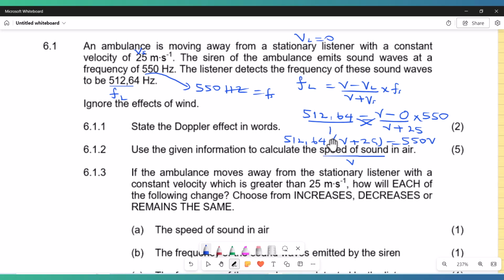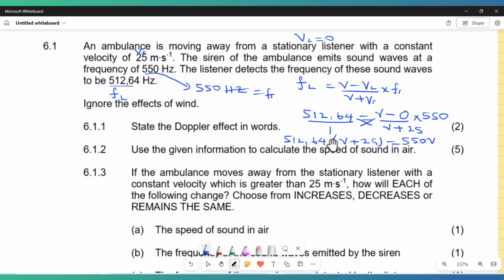Now open brackets here. What do we get, guys? If you multiply 512.64 by 25, what do you get? 512.64 times 25 gives me 12816.